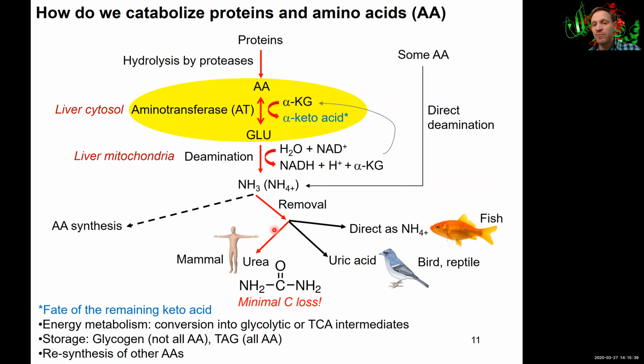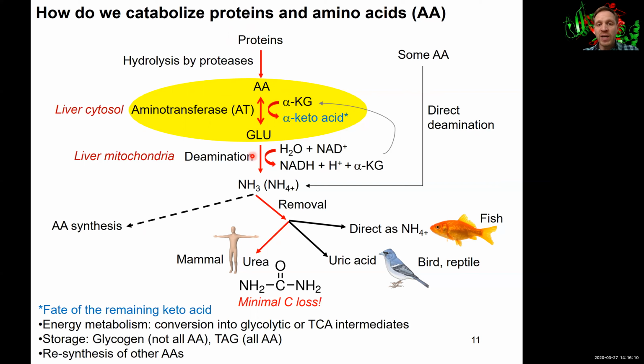To summarize from the end of video part 1, the introductory video, we had talked about this overall pathway on how we can utilize dietary or internal proteins, how we can break them down into peptides and free amino acids using hydrolases, and how we then can use all these different amino acids in these aminotransferase reactions to bring them to glutamate as the central amino acid in the catabolism of proteins.